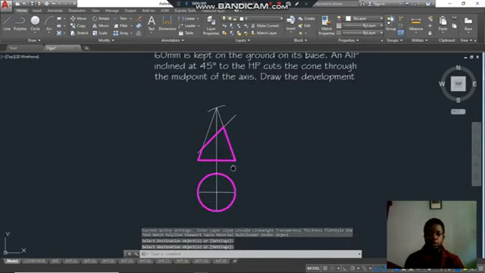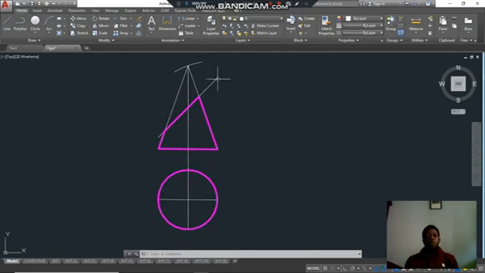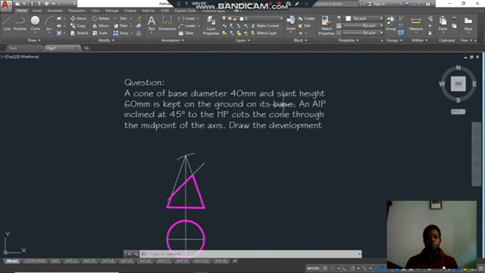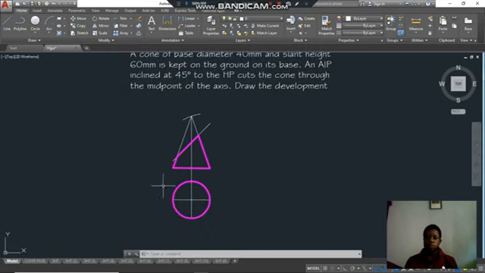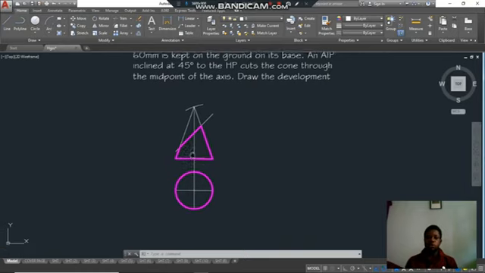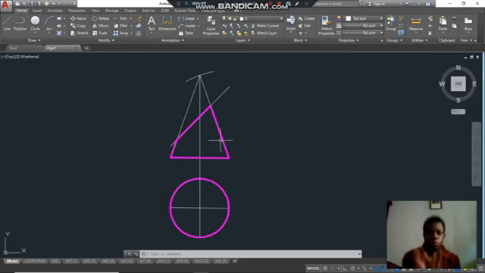This is our object. Now this is what the question said we should do. We just translate this question into an object, a shape. So the next thing now is to proceed and develop it into a pattern.